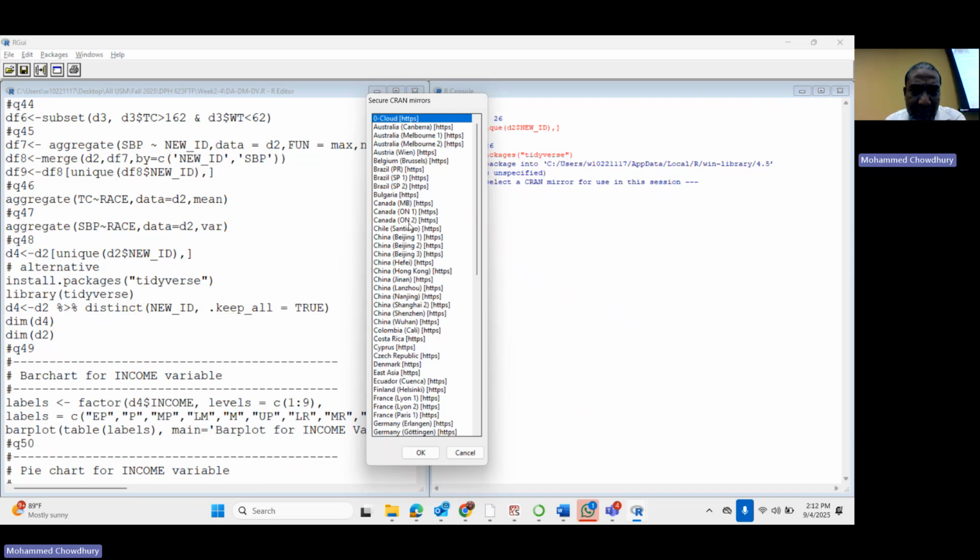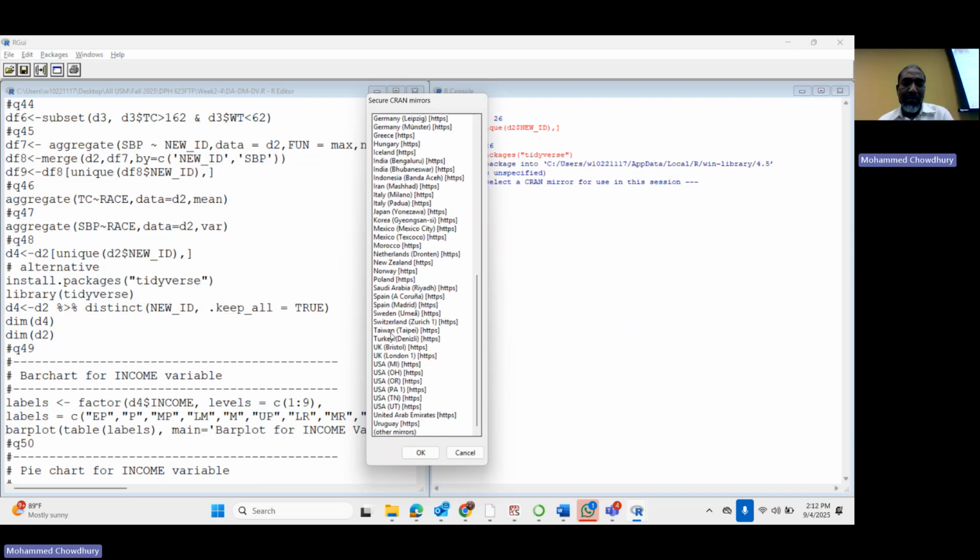Alternative. Okay, if something appears this way, this is called the hub. Hub means the R repository. R repository is where, when you download any packages, you have to download from online. Online somewhere it has a repository. It has a cloud storage. Its hub is London. UK London is the hub, but America also has places, like USA.